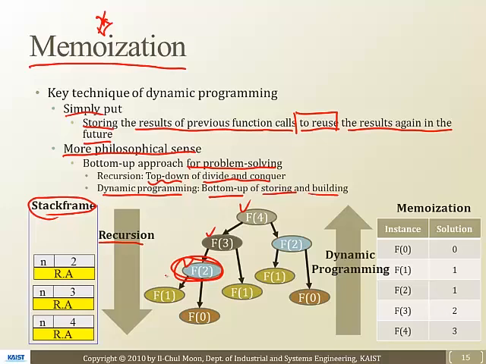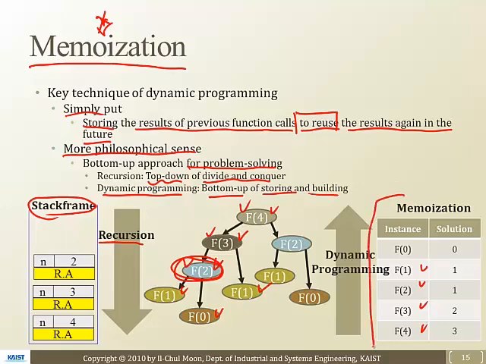That's the recursion way. And with memoization, we solve F0, we solve the next F1, and we try to solve F2. After solving F2, we already know the solution of F1, so it's very easy to solve F3, right? And it's very easy to solve F4 here, right? So it's really the opposite way.